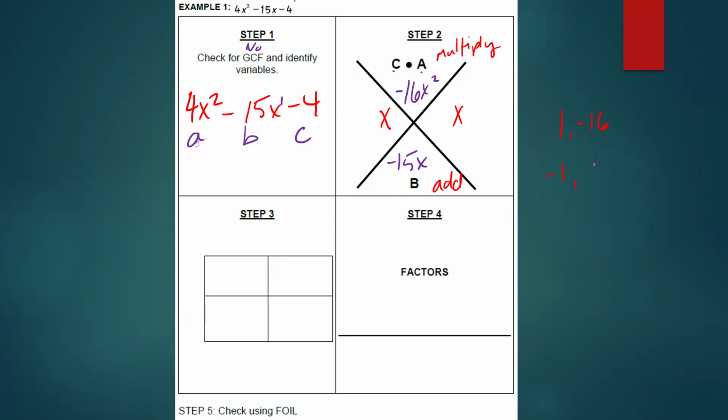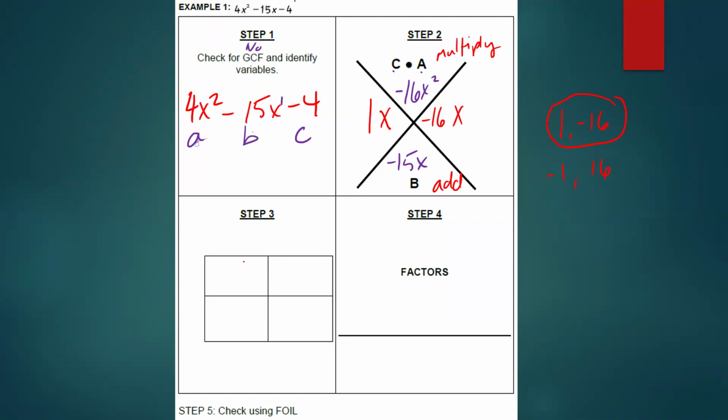We have -1 and +16. Do I need to keep going or do we see which ones work? See which ones work. Okay. So if you have 1x and -16x, 1x times -16x equals -16x squared. 1x plus -16x equals -15x. Do we see those numbers?